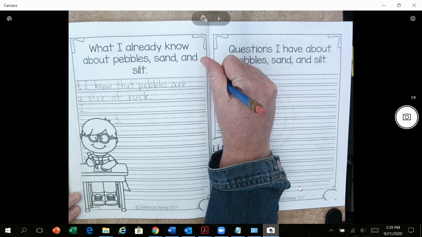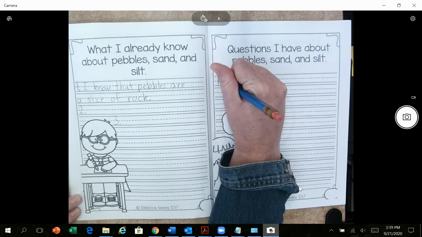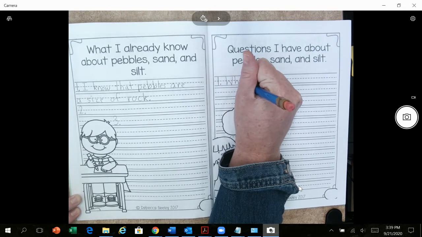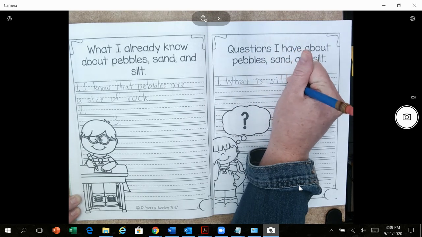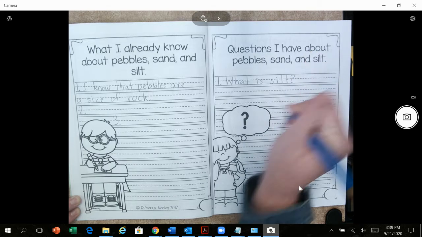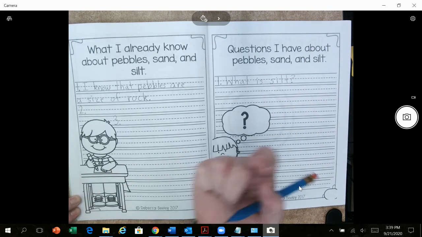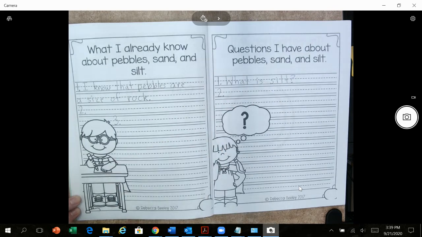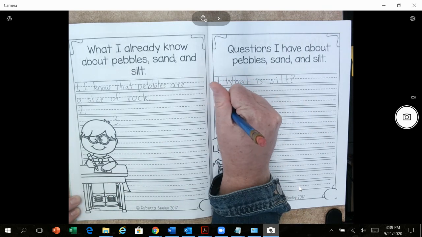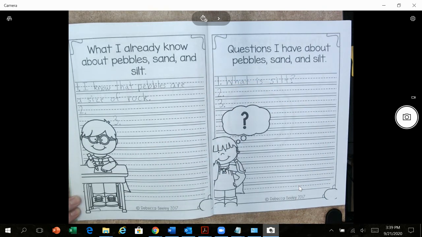So the question I have is, what is silt? So what is silt? I'm not really sure. Well, I know, but I'm not sure that you guys have heard that word before. And then I want you to write 3 questions you have. What is silt?